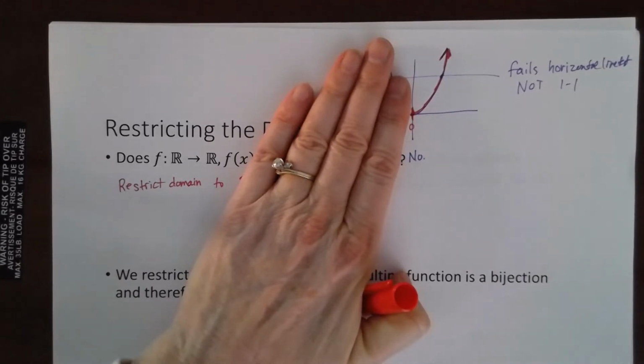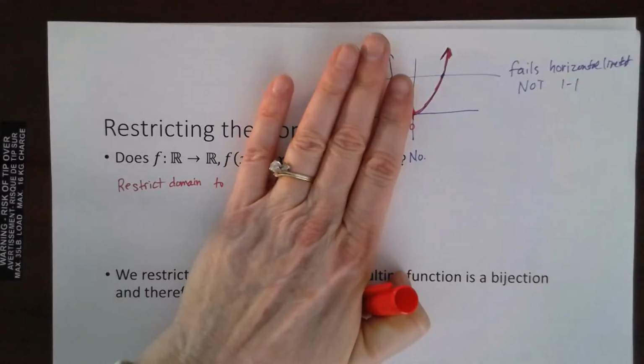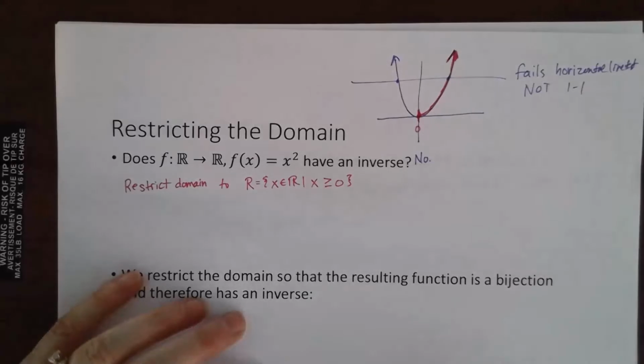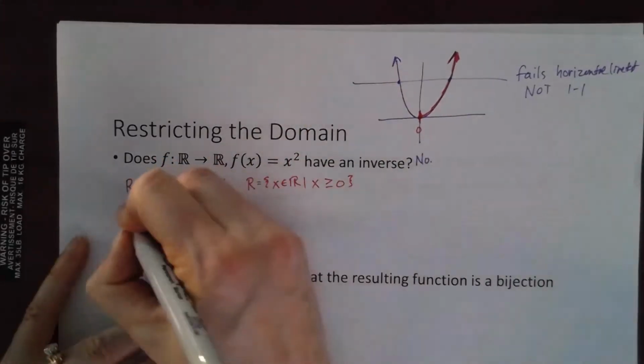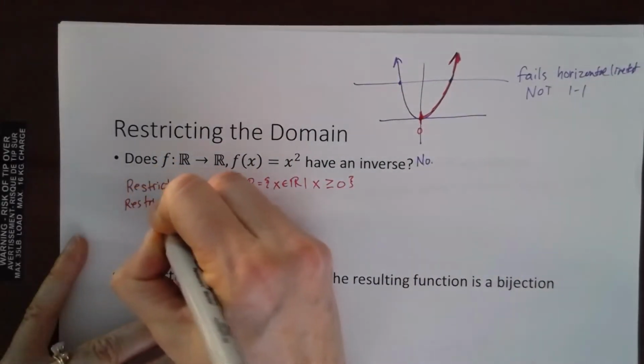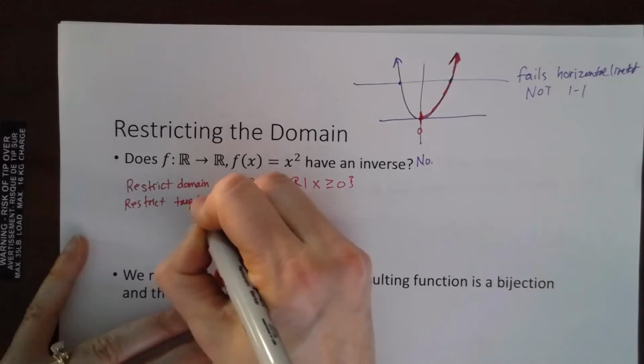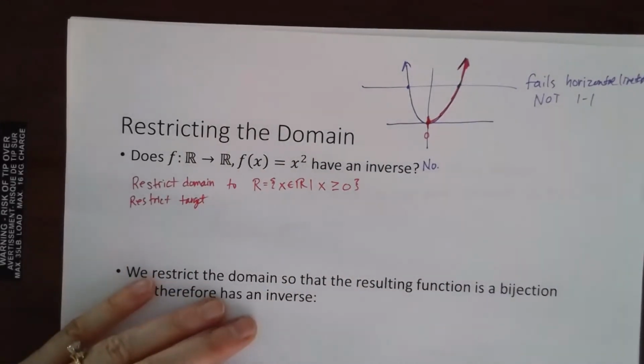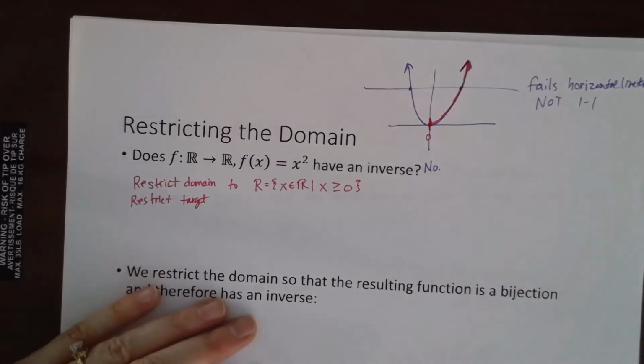Yes, that will. And so that part of it is invertible as long as I make it one-to-one and onto. So I actually have to restrict the range or the target as well. Okay, so what would I have to make the target so that this would be onto?